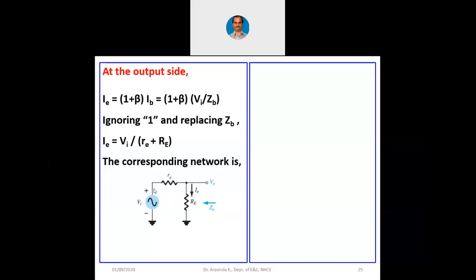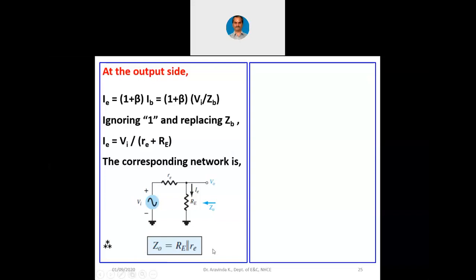When we short it, the small re comes in parallel with capital Re. So naturally, output impedance is capital Re parallel with small re. So Z0 is capital Re parallel with small re. That is because when we look from the output side, voltage sources are shorted and these two are in parallel.